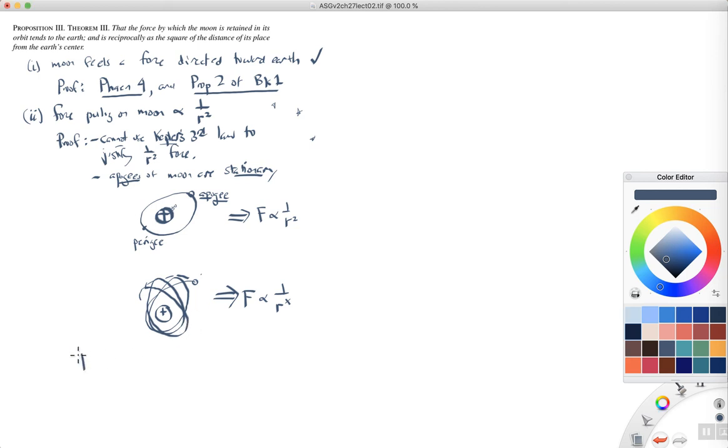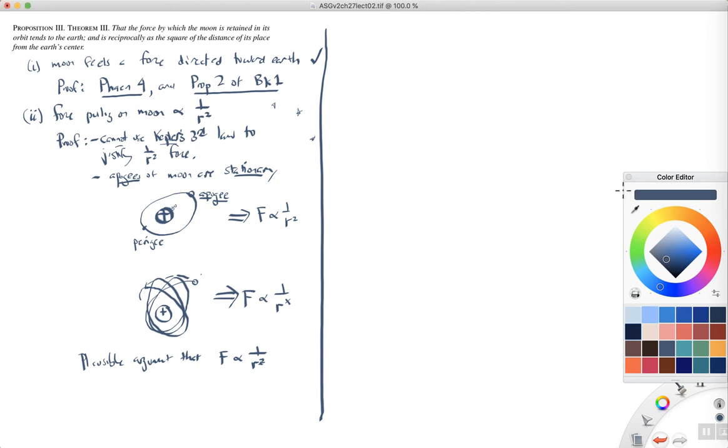So he gives here a plausible argument that the force acting on the moon is proportional to 1/r². I don't think it's nearly as tight a proof as his other proofs, but nonetheless, he has to use more extreme measures, you might say, in trying to argue for a 1/r² force acting on the moon.